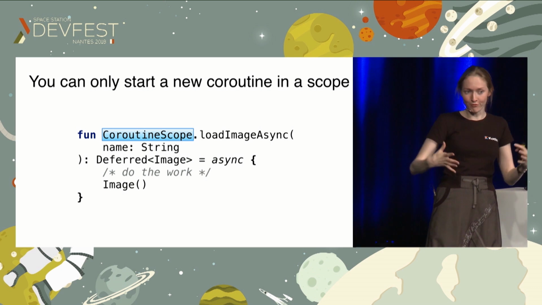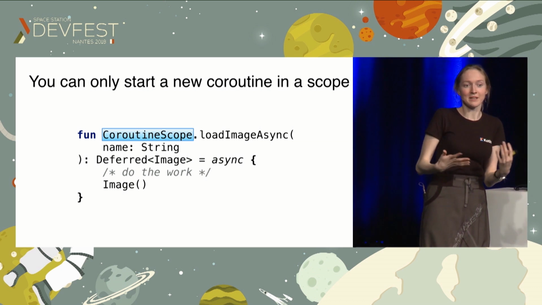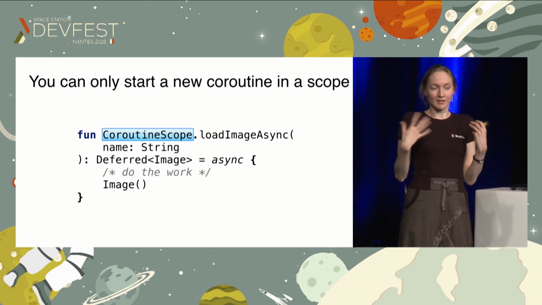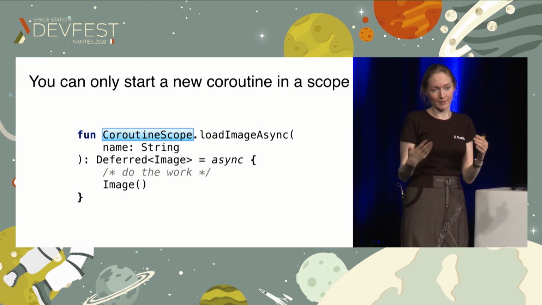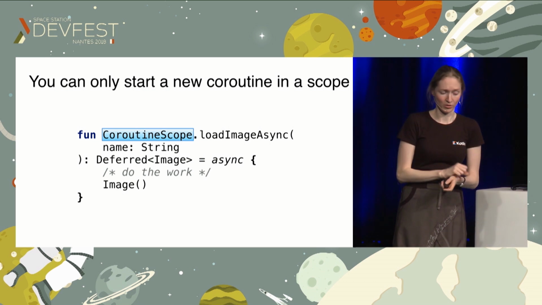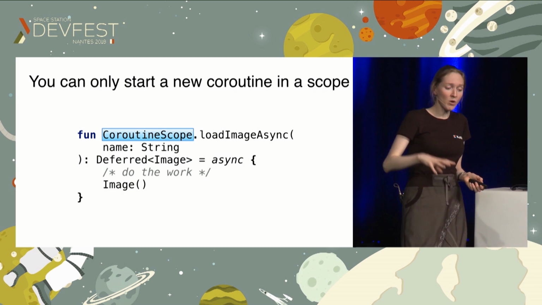So that's another difference that this structured concurrency approach brings, which influences how you write your code. So now, when we write this function load image async, and it starts a new coroutine, this image loading will be bound to the outer scope, depending on what scope we're starting it from.